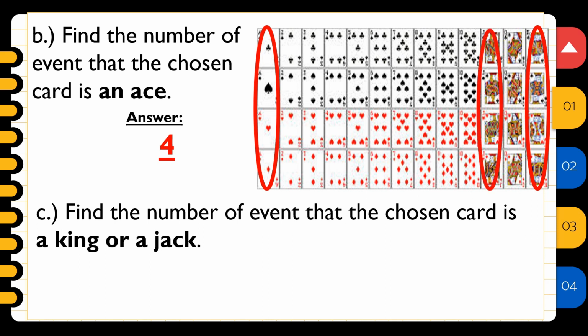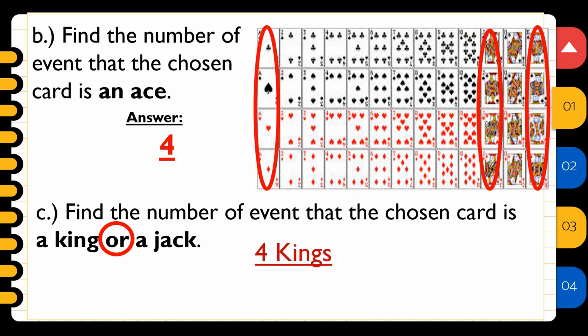In this case, when we use the word or, it means as an alternative, as a substitute, or also as another option. So in this problem then, you will not consider only the king, only the jacks, but for both of them instead. It means both are to be counted as your choices or options.